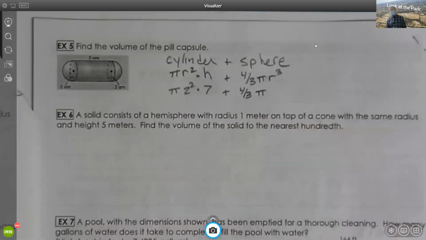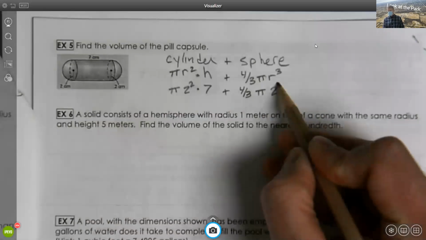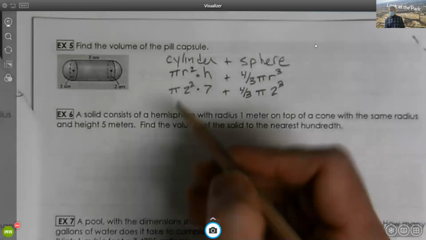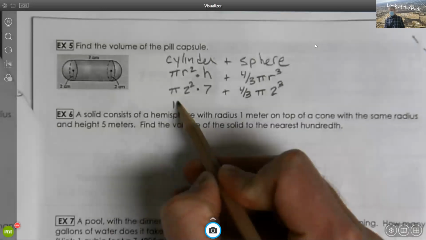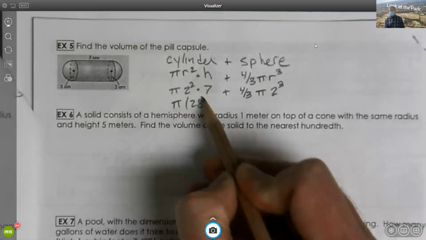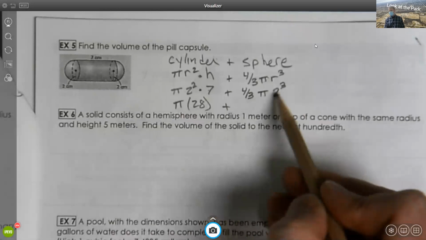The radius of each half sphere, which makes this full sphere, is also a radius of 2, of course. So that's going to be 2 cubed. So this is going to be pi times 4 times 7, which is 28. This is going to be 8.